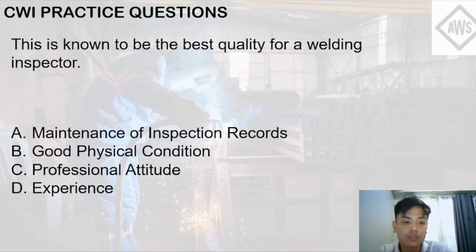Good physical condition: the welding inspector needs to be in good physical condition to go to tight areas, confined spaces, hard to reach areas, or areas at high elevation. So he needs to be in good condition for that.